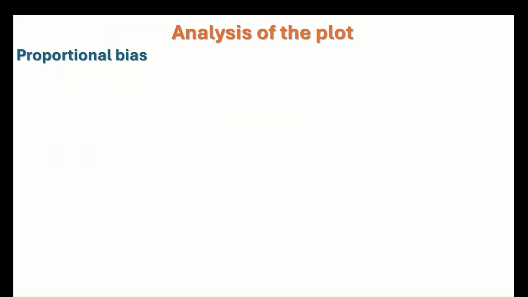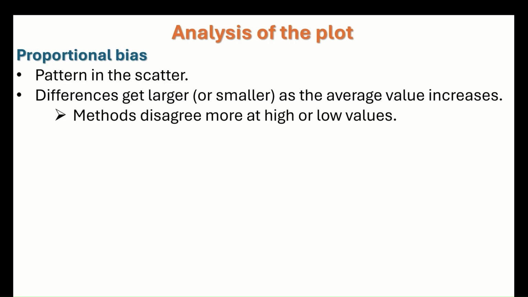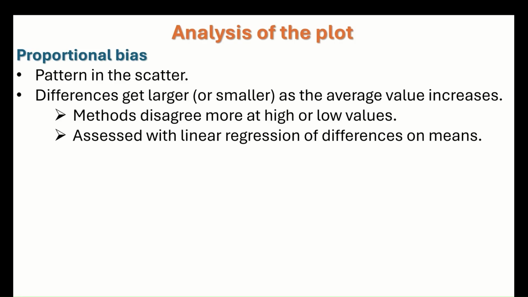Another thing to check is whether there is a proportional bias. To do that is to look whether there is a pattern in the scatter plot. So if the differences get larger or smaller as the average value increases, then this indicates that the two methods disagree more at high or low values.